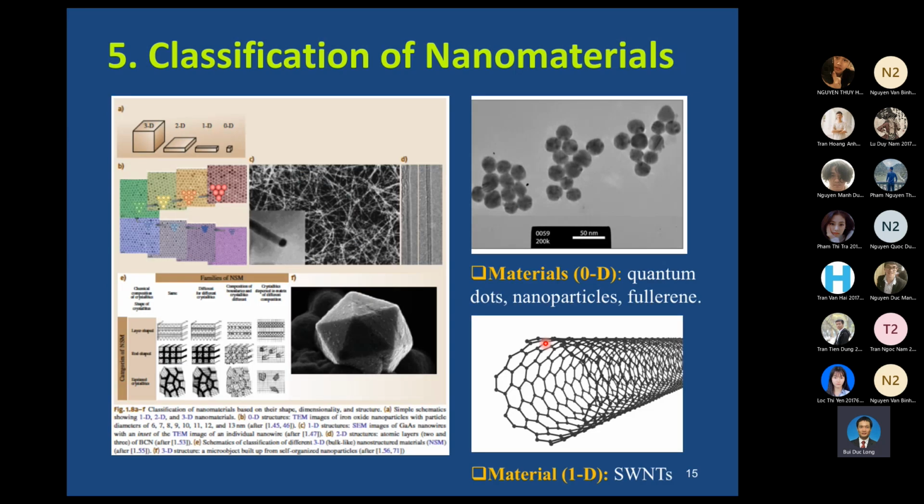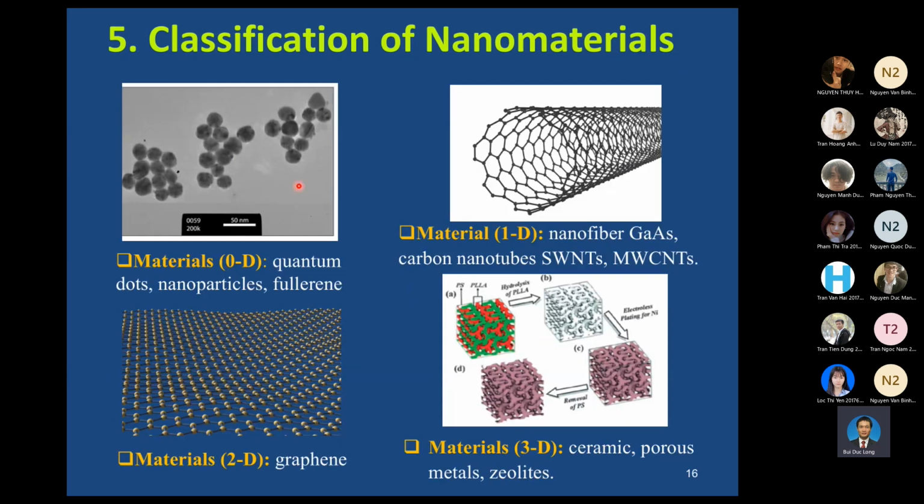Here we have examples: 0D means zero dimension, for example nanoparticle, and fullerene or buckyball. For 1D nanomaterial, for example, nanofiber and carbon nanotube, including single wall nanotube and multi-wall carbon nanotube.